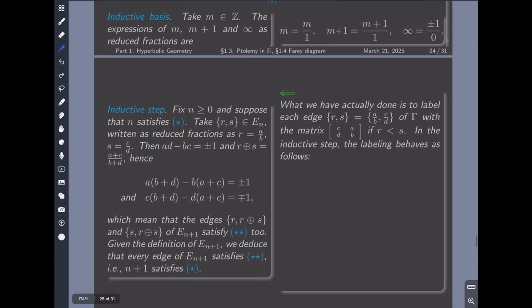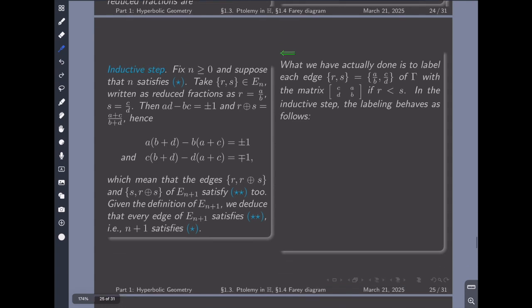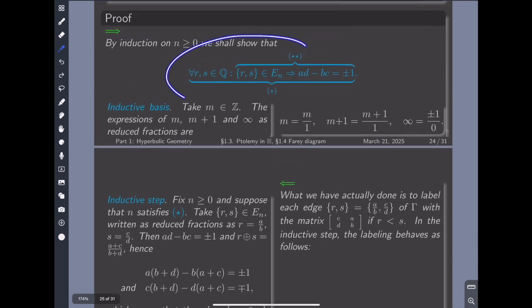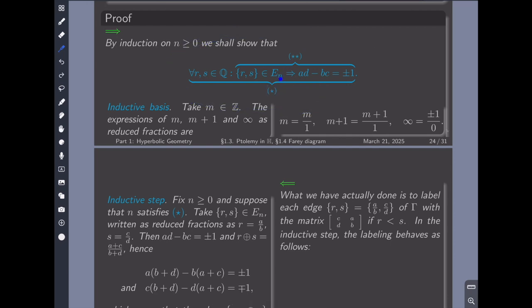Okay, and for the inductive step, we assume star for n, and we want to prove it for E n plus 1.